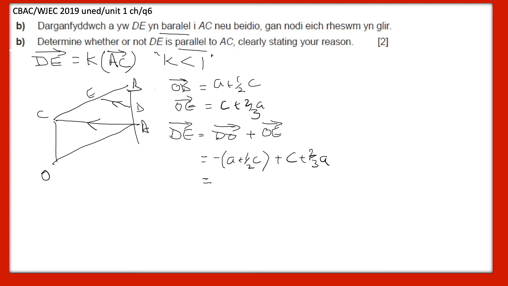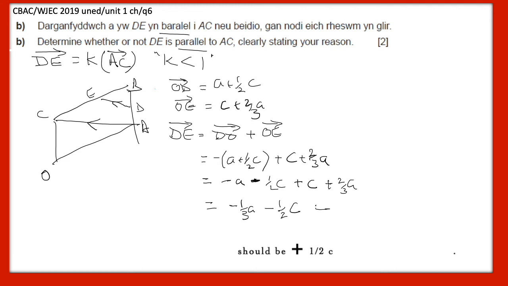So I've got minus A, minus 1/2 C, plus C, plus 2/3 of A. So I've got minus A plus 2/3 of A, which is minus 1/3 of A. And I've got C minus 1/2 C, which is plus 1/2 C. And that's not a multiple of A minus C because the fractions are different.